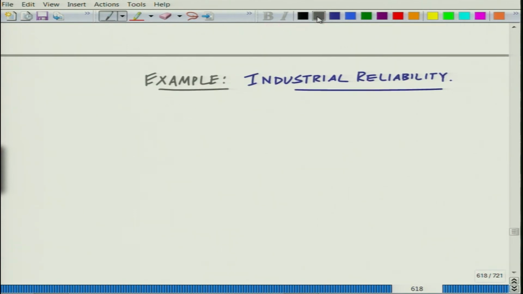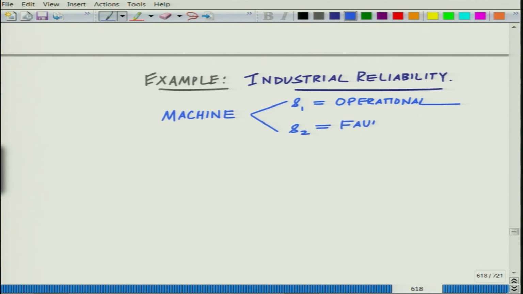Let us say we have a machine, and this can be in two states: S1 equals operational, S2 equals faulty, that is, it is not operational.